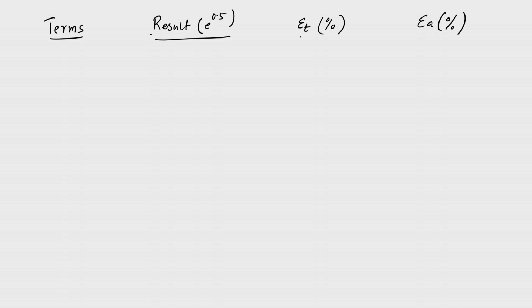Remember, this epsilon t, epsilon actually stands for error, just a convention. This is taken with respect to the exact value, which we know here by a trivial computation using either a computer or even a calculator, that is why we are calculating this.